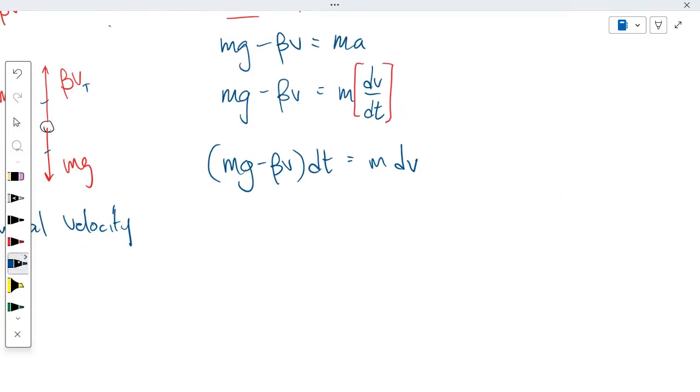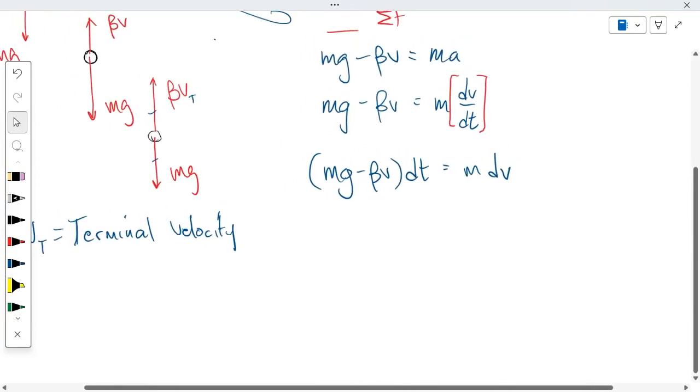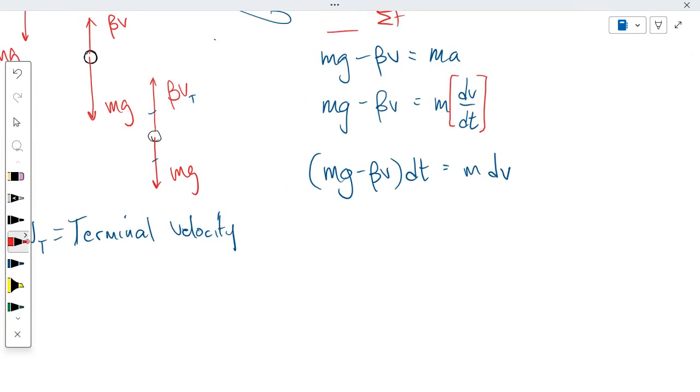One thing that I've found is helpful, algebraically helpful, but also physically maybe enlightening, is to isolate this v, because again, we're trying to eventually find this object's velocity as a function of time. So let's get that v by itself.